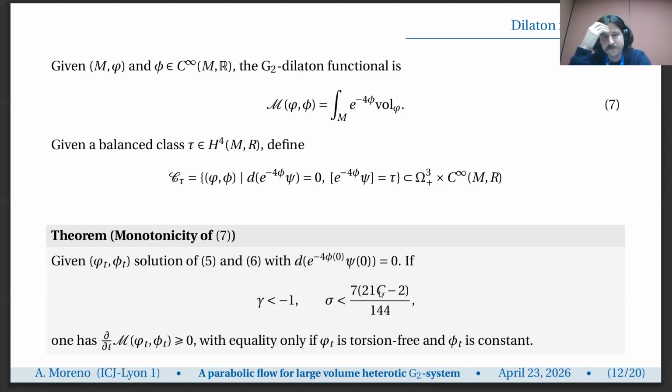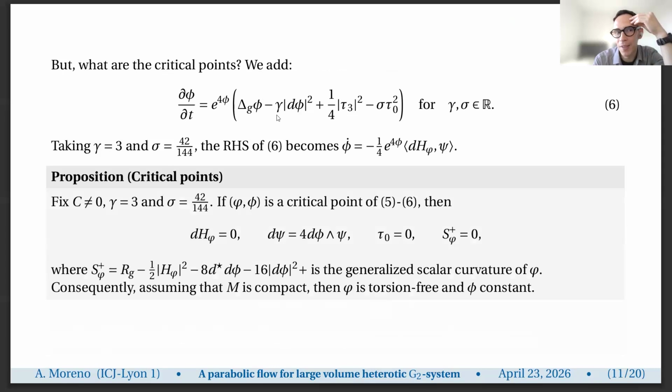That's why I say that, in some sense, this dilaton flow seems to be very generic, because you are evolving by some heat-type equation plus lower order terms. But they have a very geometric meaning along this monotonicity of the G2 dilaton.